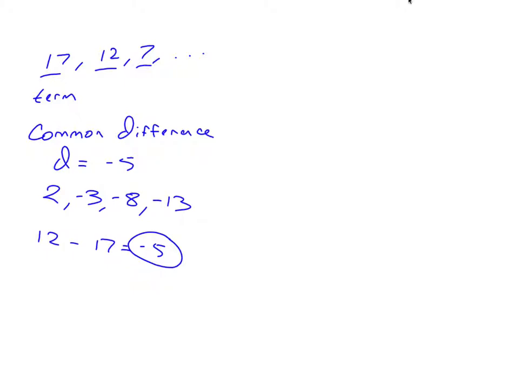All right, next one. Next thing I want to do is write a formula for an arithmetic sequence. That way, if I wanted to find any given term, I have the ability to find it. And once I have a formula, then we're good to go.